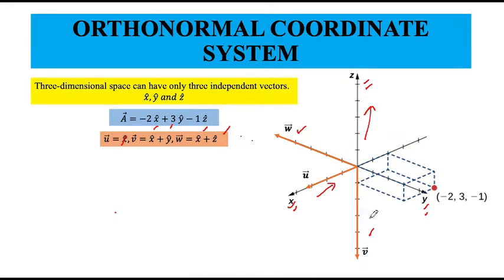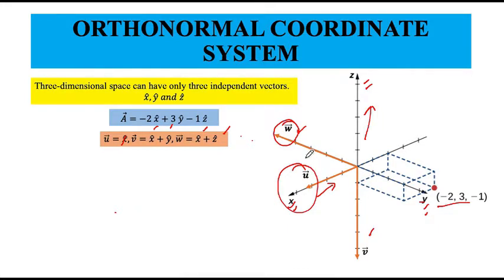So u is actually along the x-axis, v is in the plane of x and y, and w is in the plane of z and x.